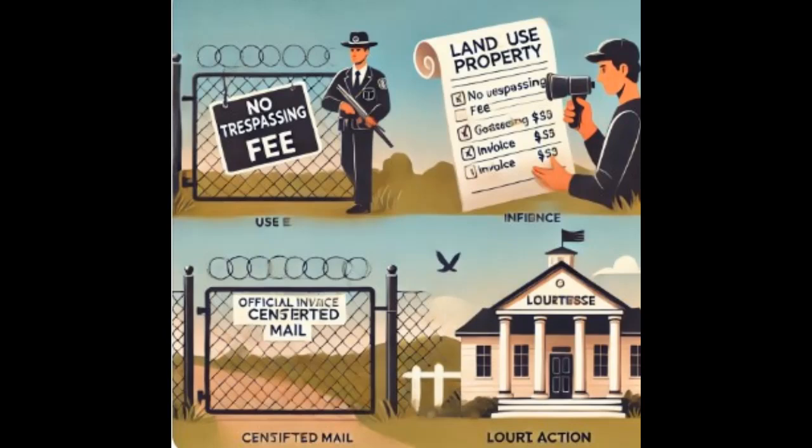3. Issue an invoice or demand letter. Send a formal invoice. If someone violates your property rights by entering or using your land without permission, you should send them a formal invoice or demand letter outlining the land use fee they owe.